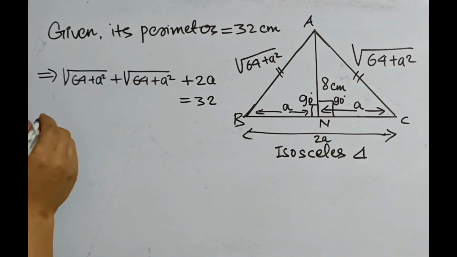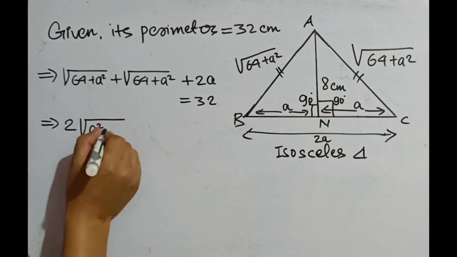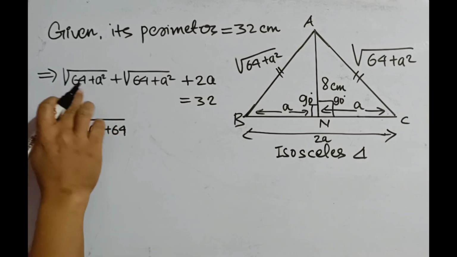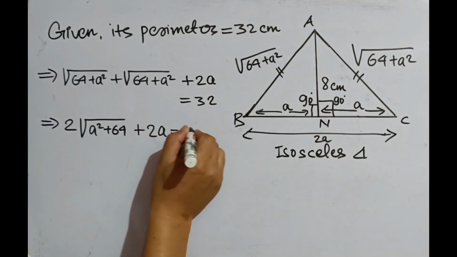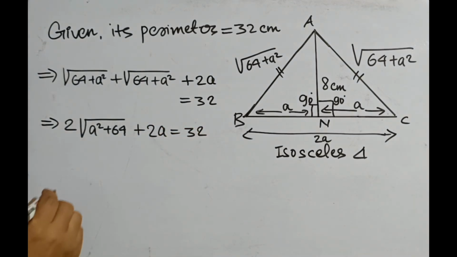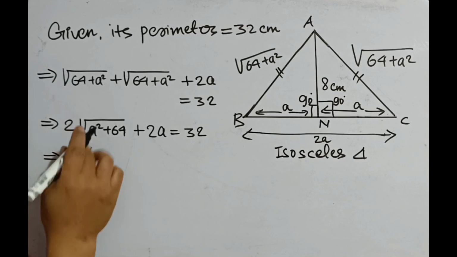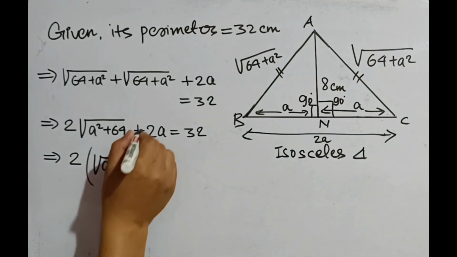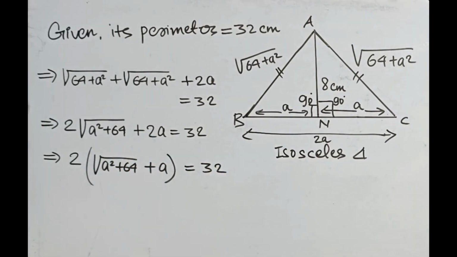Now the sum of these two expressions is equal to 2 into under root of a square plus 64, because these two expressions are the same, plus 2a, and in the right hand side there is 32. From the first two terms on the left hand side, we can take 2 as common. So we can write this as 2 into, bracket, under root of a square plus 64 plus a, bracket close, and in the right hand side there is 32.